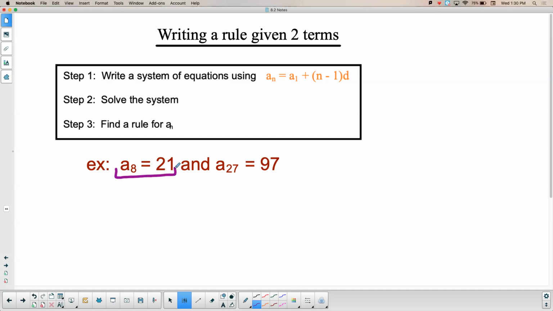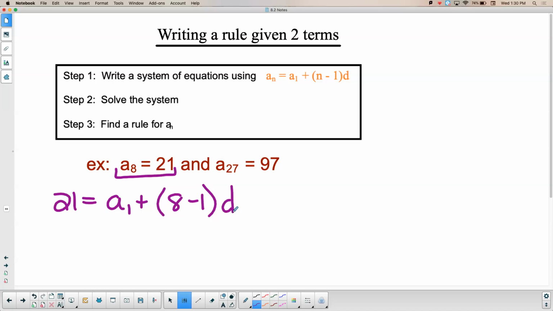and I write a rule, well, that would be 21 is my a sub nth term. I don't know what my first term is. I do know that 21 is my 8th term, and I don't know what my common difference D is.